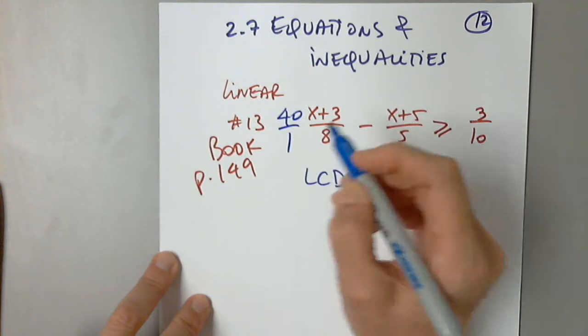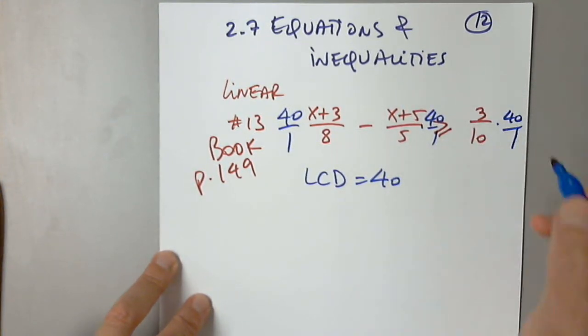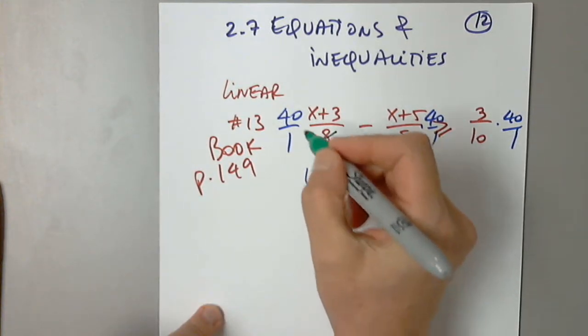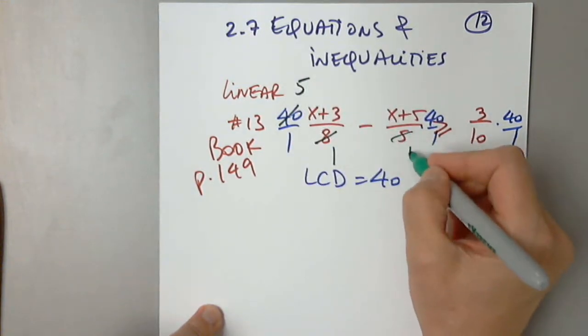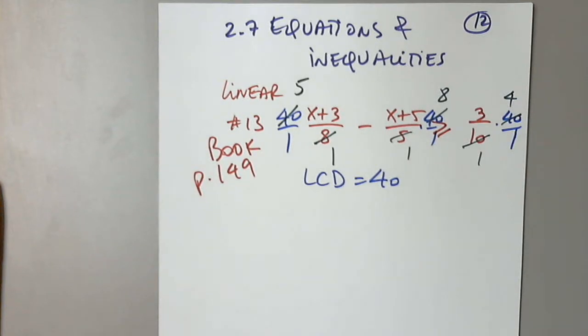So 40 over 1 times, 40 over 1 times, 40 over 1. I will definitely simplify, not multiply, by 8, by 5, and by 10. That's my first step.